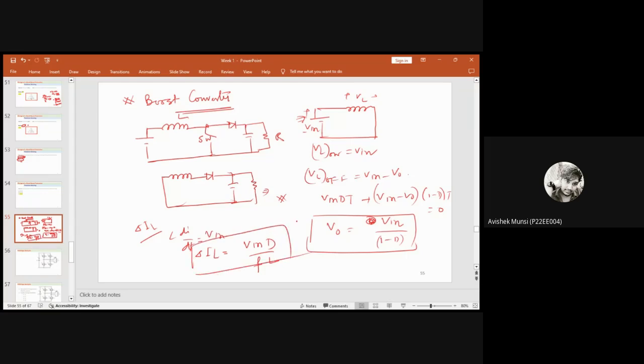Can anyone tell me, if the duty is 1, what will be the value of the output voltage in this case? This type of question can be asked.